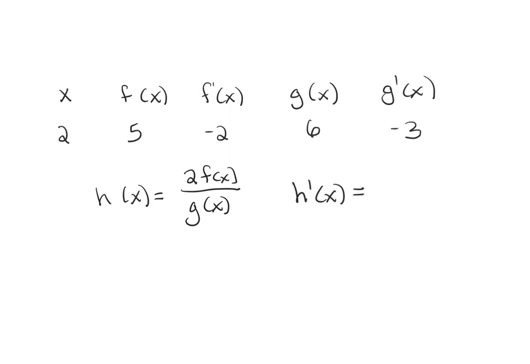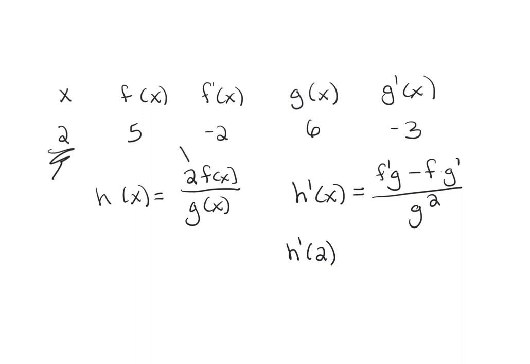So I'm going to write this one more time. Derivative of f times g minus f times the derivative of g over g squared. And our goal is to find the derivative at x is 2. Don't forget about this 2 coefficient that will go with f.